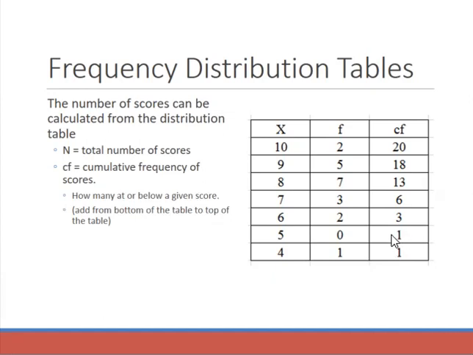No one got a 5, so our cumulative frequency is still 1. 2 people got a 6, so now our cumulative frequency is 1 plus 2 equals 3. We've got 3 people who got a 7, so 3 plus the 3 who got a 7 is 6. So that's 6 people who scored at or below a 7. And you can see if we add up these numbers in the frequency column, that equals 6. Okay.